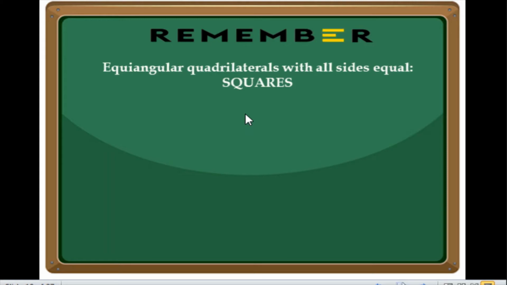Okay, good job. This is how a square looks like. If you can see, a square really has 4 equal sides. 1, 2, 3, 4. Good job.